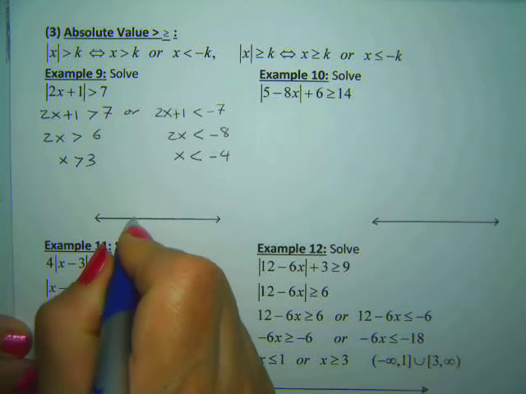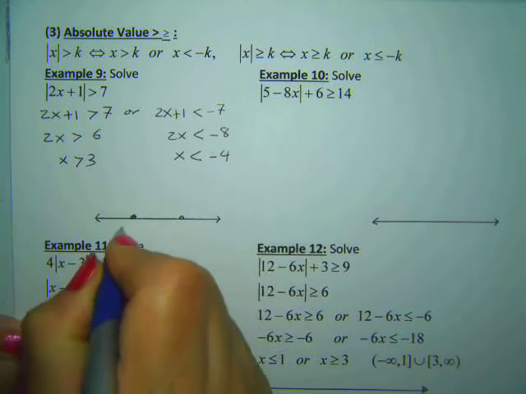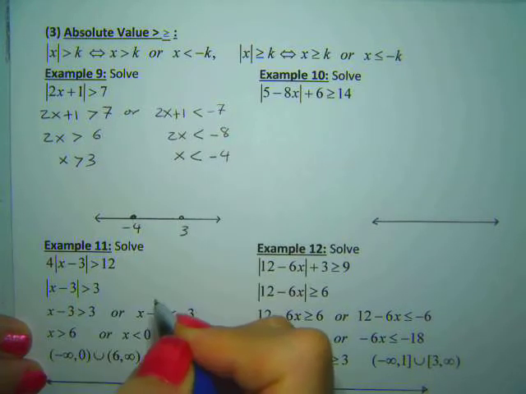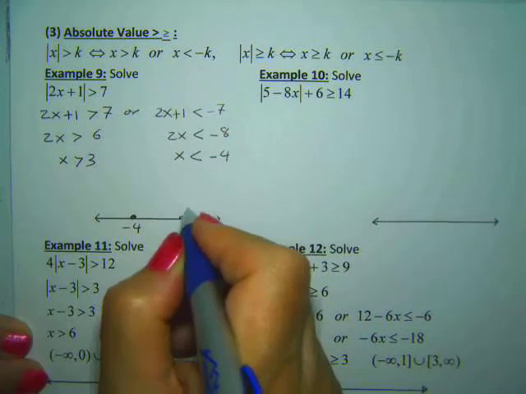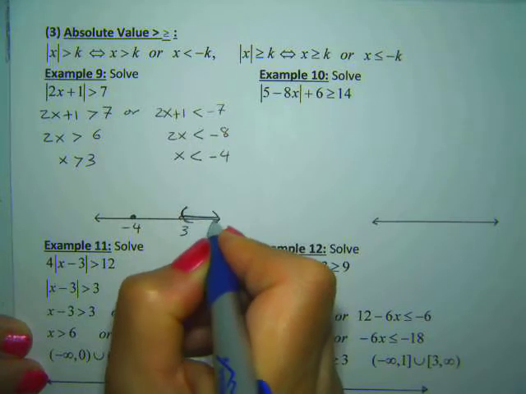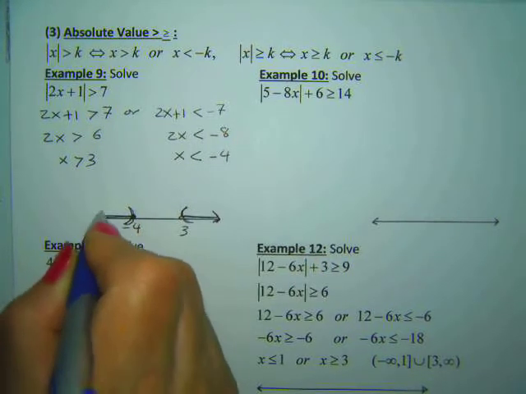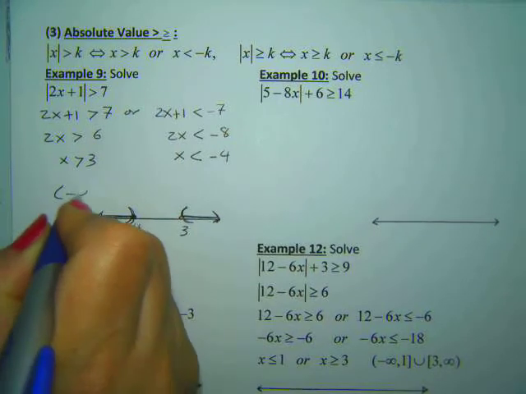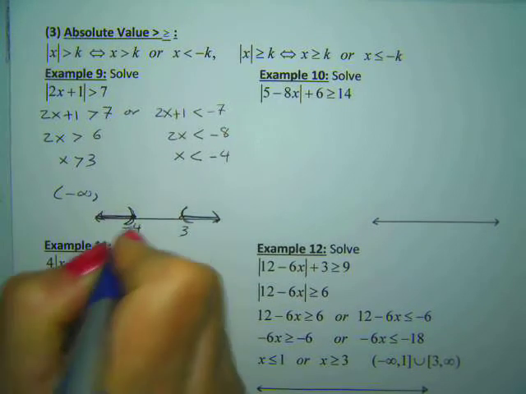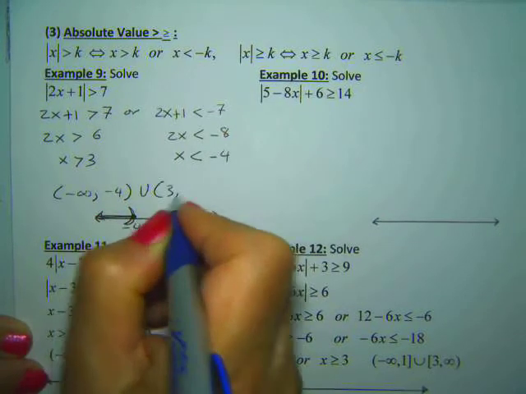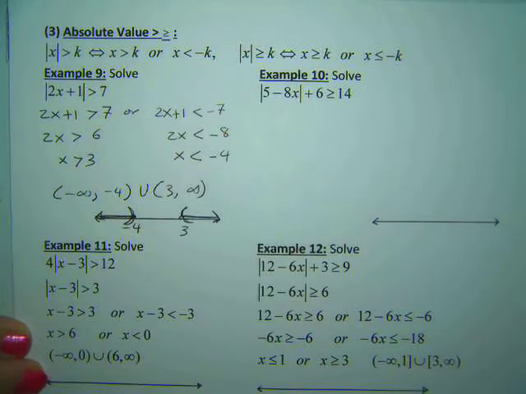So for the graph, put it in the order of the number line. So the negative 4 comes first here, and then the 3. And look at that, x is greater than 3, so it's this way. X is less than negative 4, so it's this way. And the interval notation will be negative infinity to negative 4, union 3 to infinity.